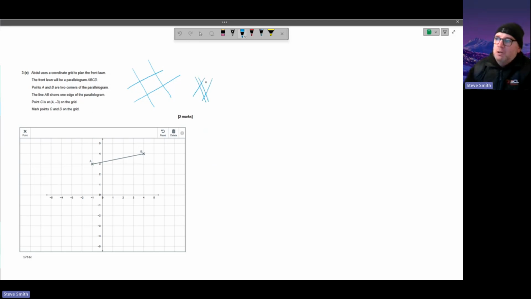It doesn't matter because there are two sets of lines, and those two sets of lines cross, and they keep going and going. So the parallelogram is this part here. It's the bit between the two sets of parallel lines.